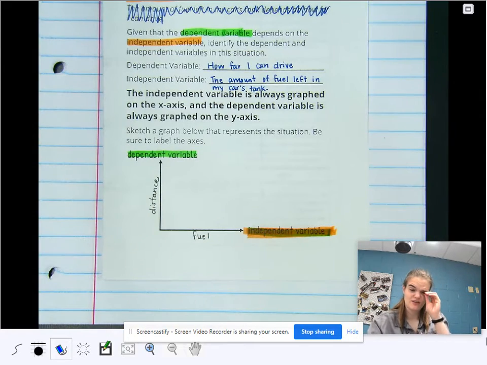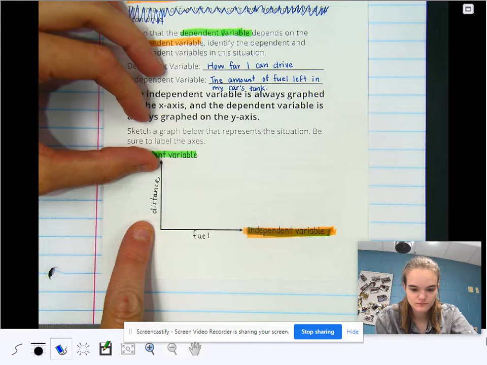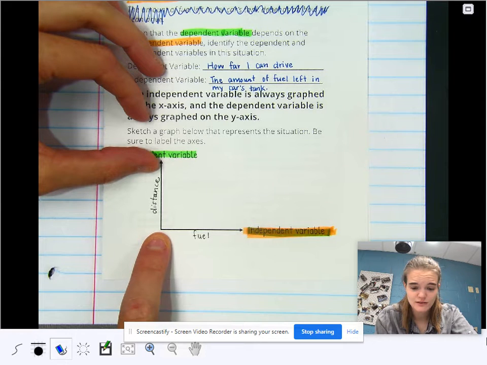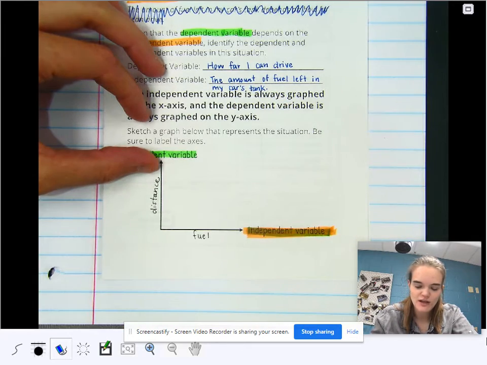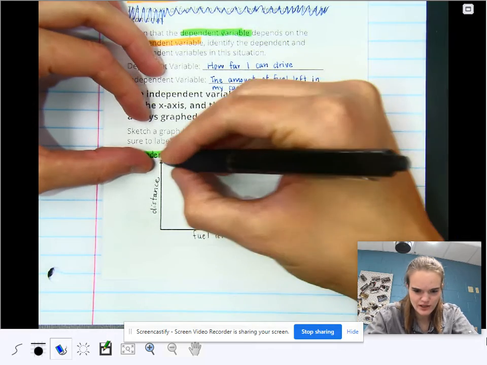Now, we are going to graph this. Sorry, it's the amount of fuel left.